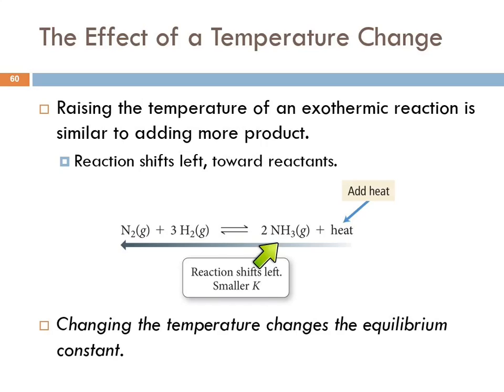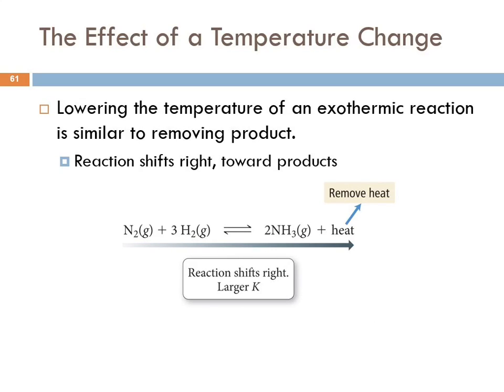If we're just dealing with concentrations of these, and we add some of this, and then that goes back down, and these go up, they're going to go to the same K. But by adding heat, we're decreasing this and increasing those, so the equilibrium constant will change. If you have an exothermic or an endothermic reaction at a different temperature, the equilibrium constant will be different.